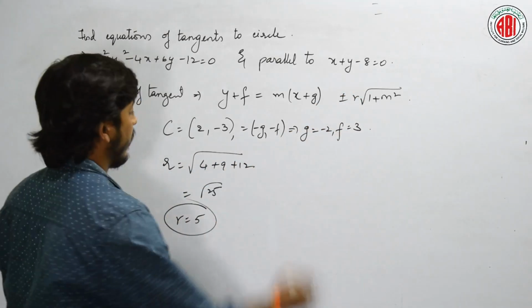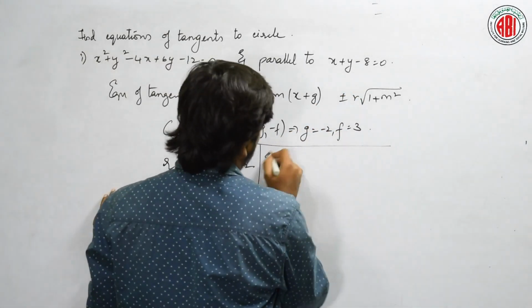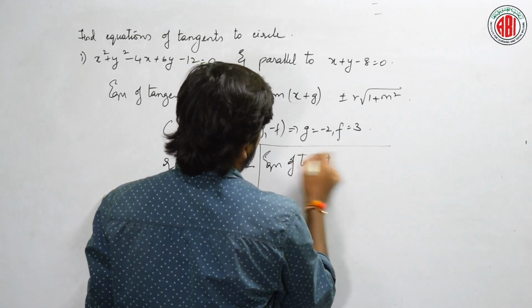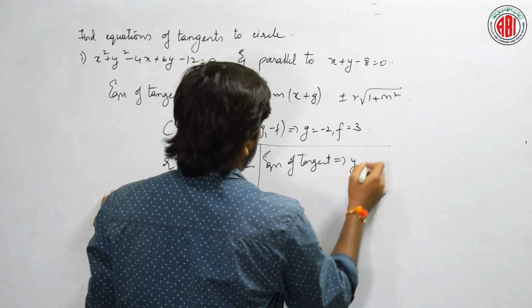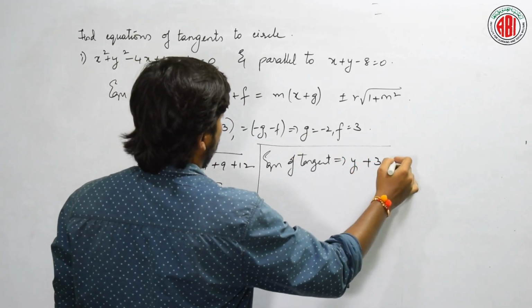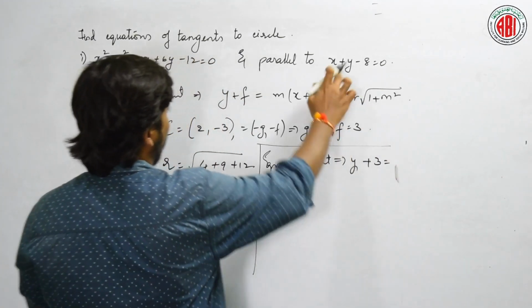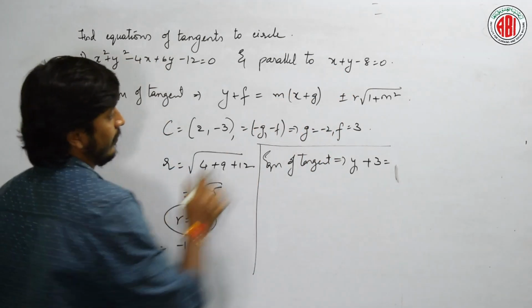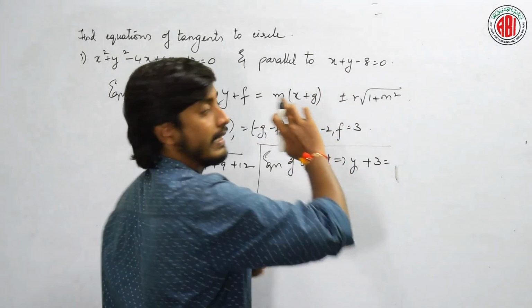Therefore, my equation of tangent is y + f = m(x + g) ± r√(1 + m²). First of all, what is the slope of this line? The slope is −1. Yes, −a by b, isn't it?